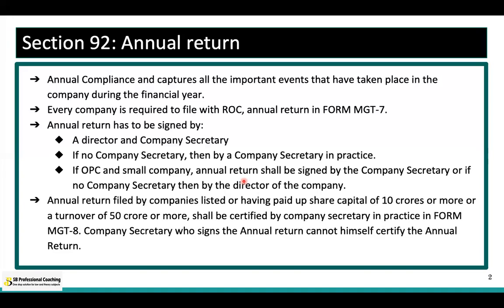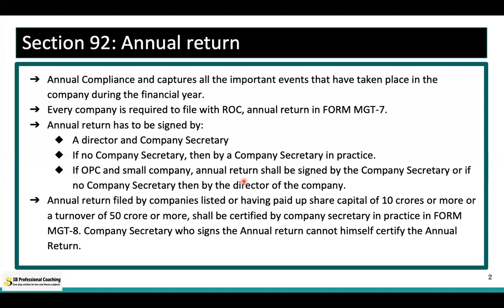Okay. Now, the next point is that along with the annual return, a class of prescribed companies will also have to file a certificate by a company secretary in practice. This certificate will certify that all the rules and regulations have been complied with by the company.